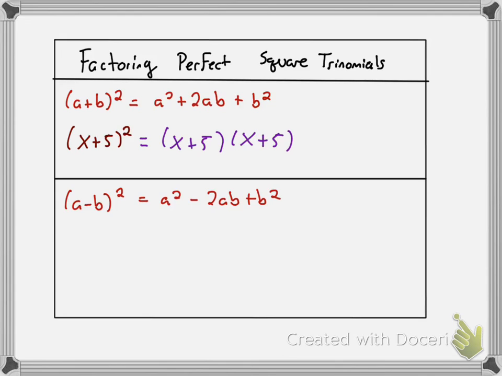When I FOIL this, I do my first terms, outer terms, inner terms, and my last terms. That simplifies to x squared plus 5x plus 5x plus 25.